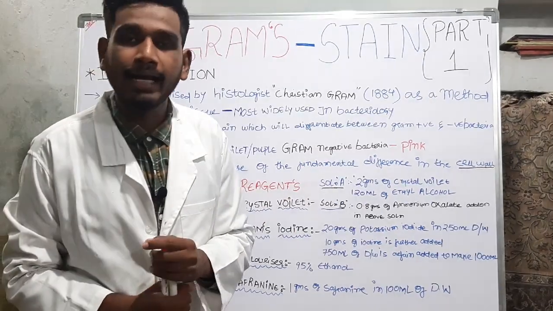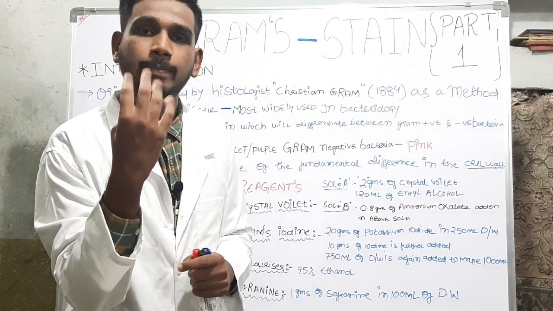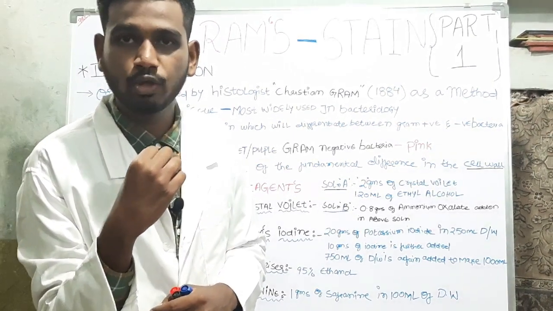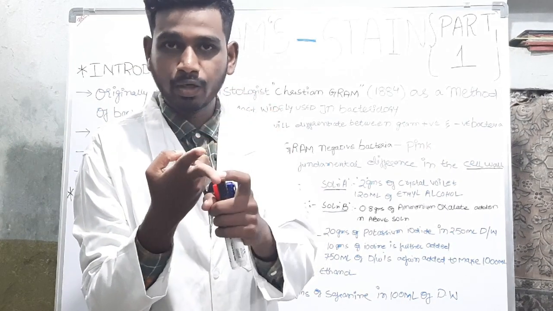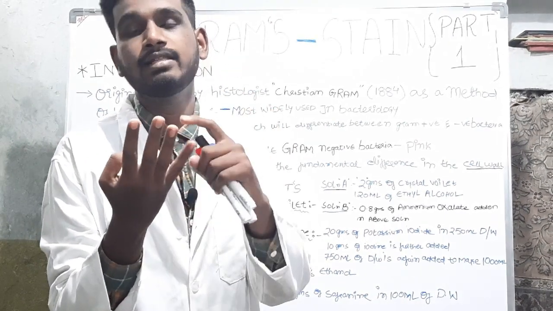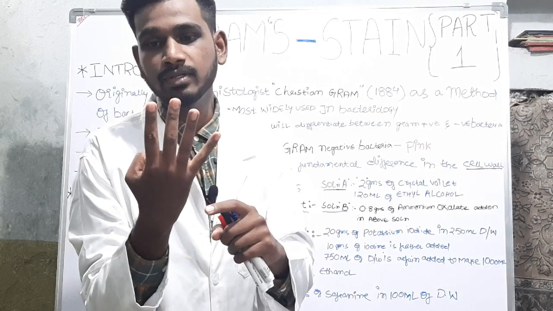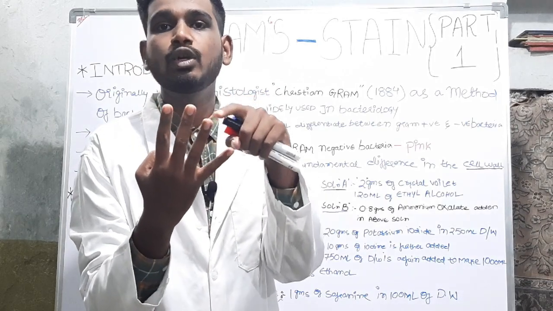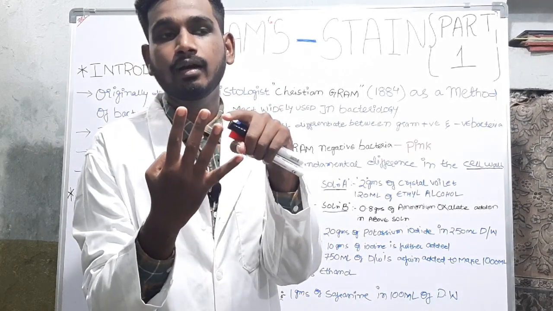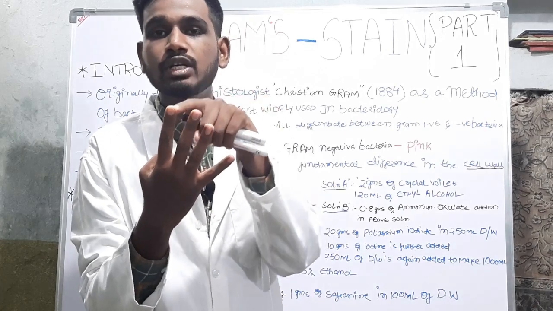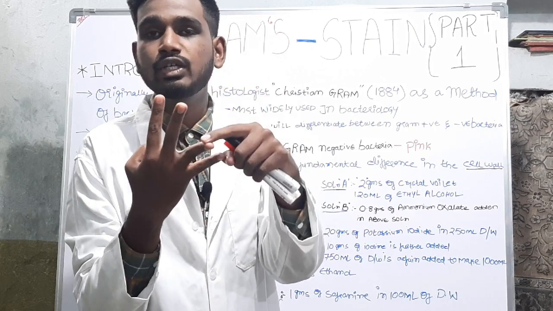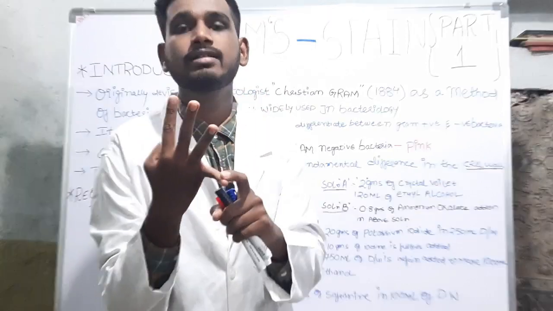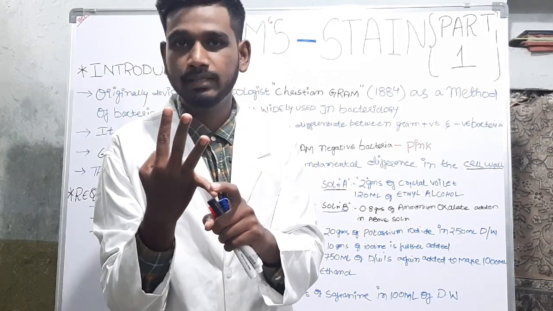We all know gram stain is a 4-step procedure with a different reagent in each step. First reagent is crystal violet, second is gram's iodine, third is a decolorizer, and fourth is safranin.